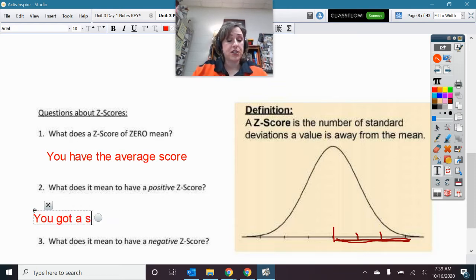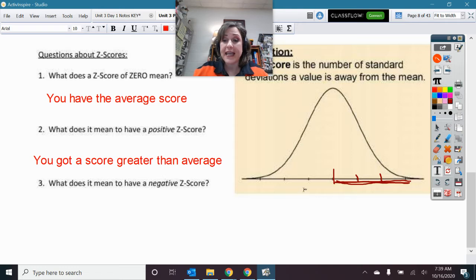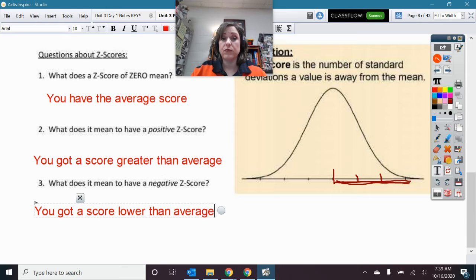Well, then likewise, what would it mean to have a negative z-score? You got a score lower than average. Okay? All right, so always keep that in mind. The sign matters. The sign is telling us where you are in relationship to the mean.